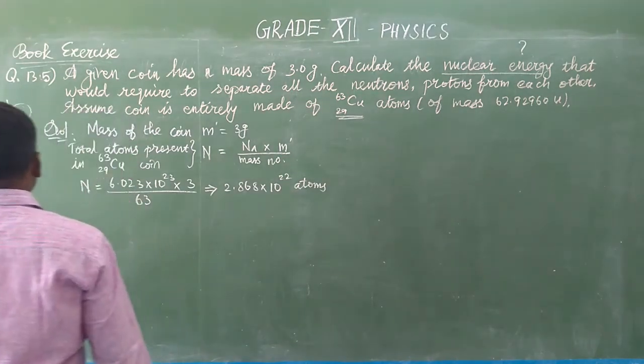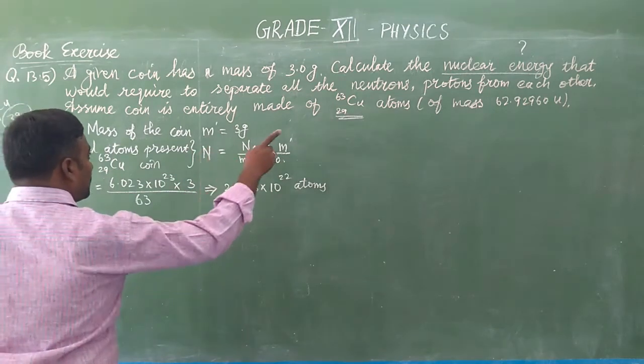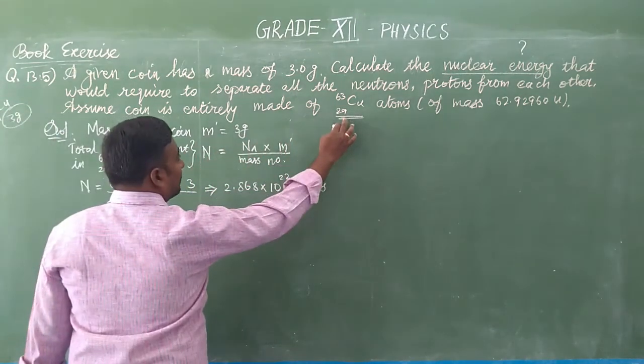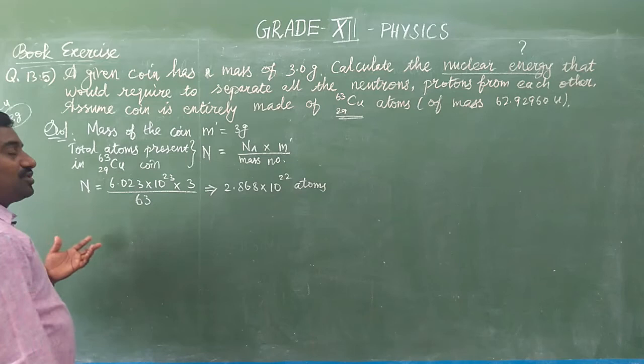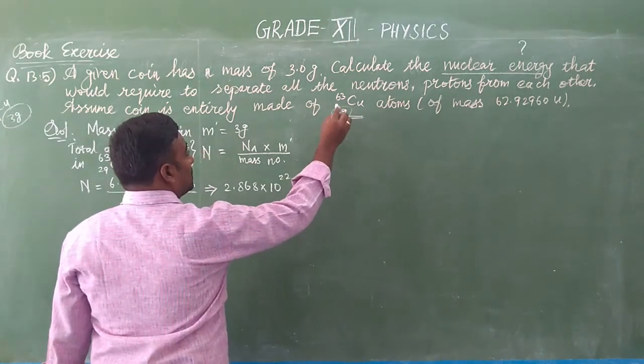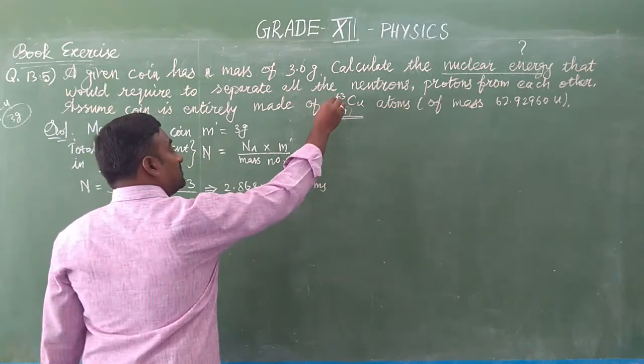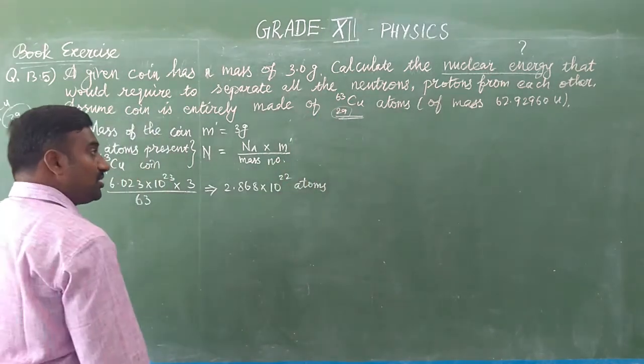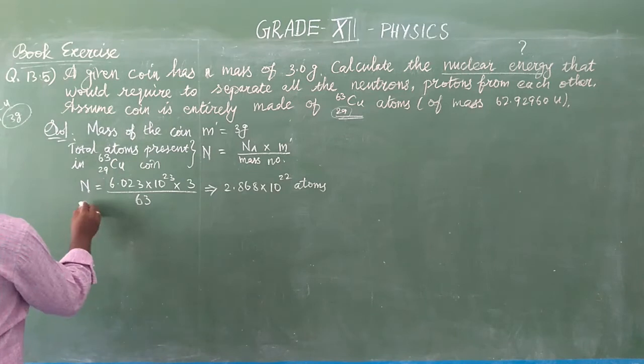Okay. Actually, in this copper atom, how many protons and how many neutrons are there? We know this is the proton number and this is the mass number. From the mass number, we can find the number of neutrons too.